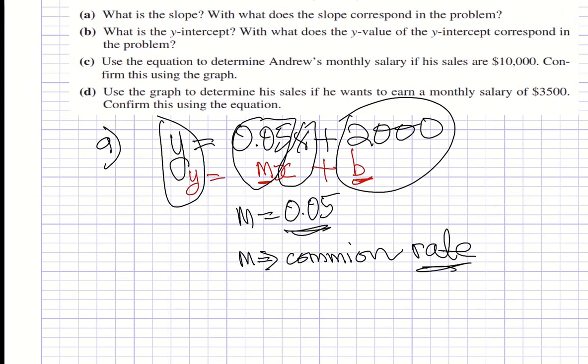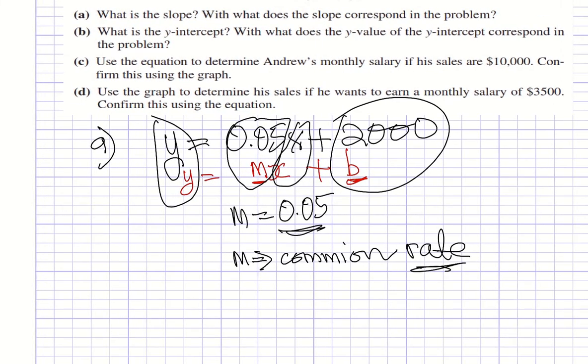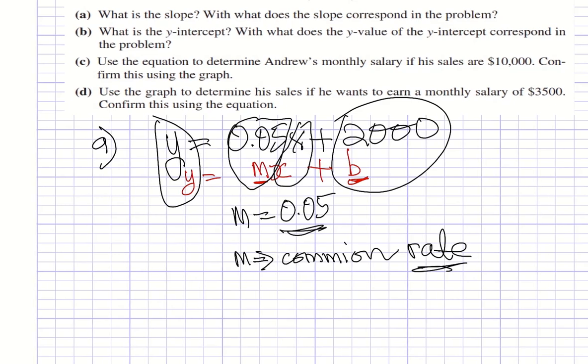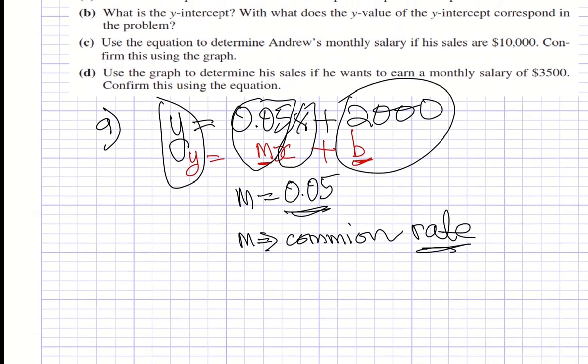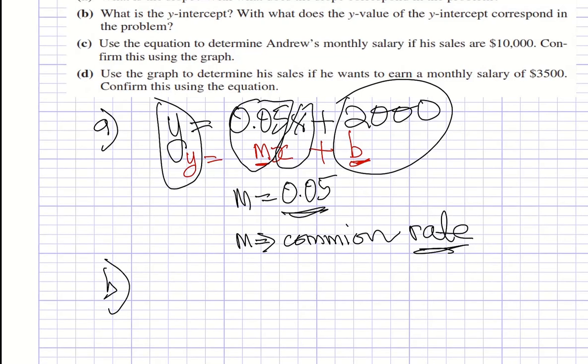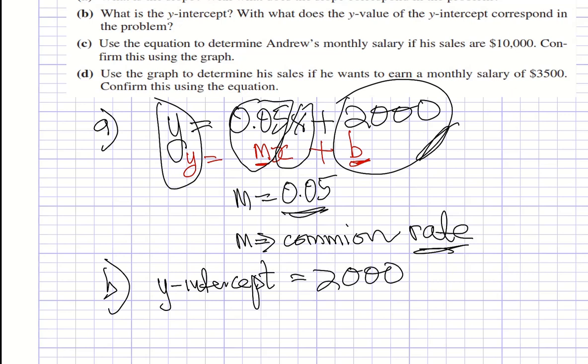And then, what is the y-intercept? What does the value of the y-intercept correspond to in the problem? Here is B. The y-intercept is 2,000.